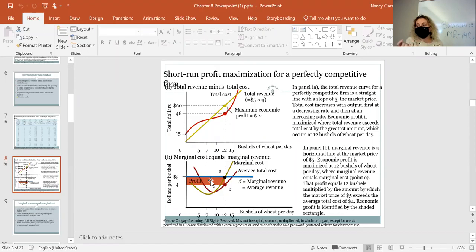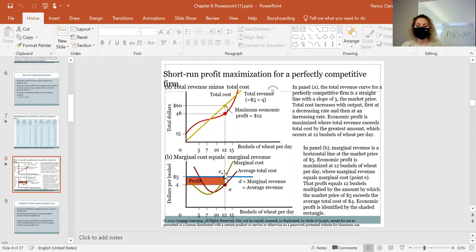How do we calculate area? Base times height. So 12 times 1 gives me 12. 12 is my total profit.